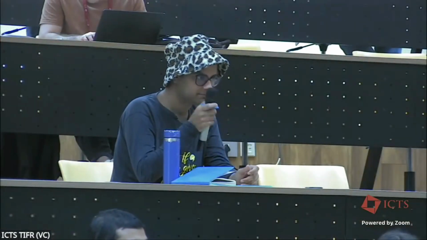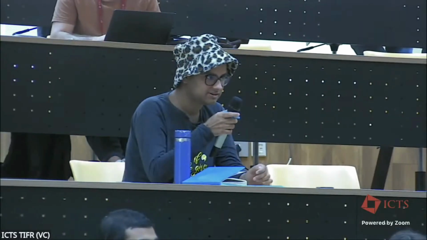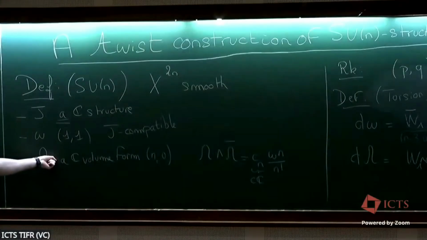So for n equal to 2 and 3, are there some particularly nice conditions that allow an SU(n) structure to exist? Yeah, there are topological obstructions. For example, if you have such a form, it means that the first Chern class must vanish.